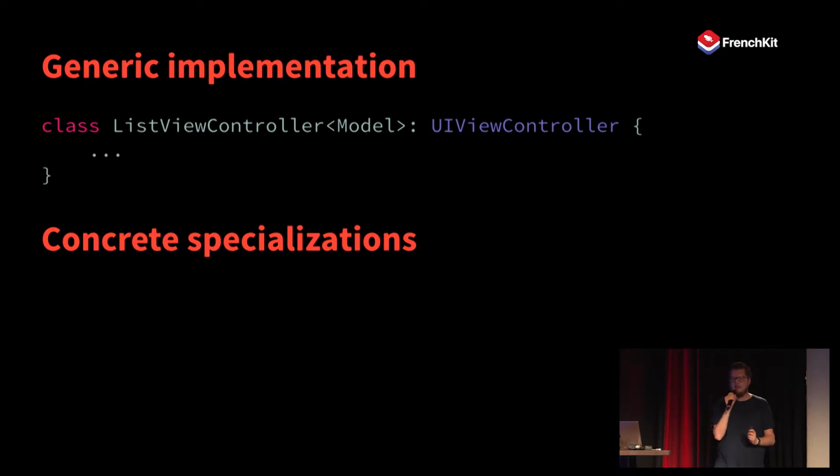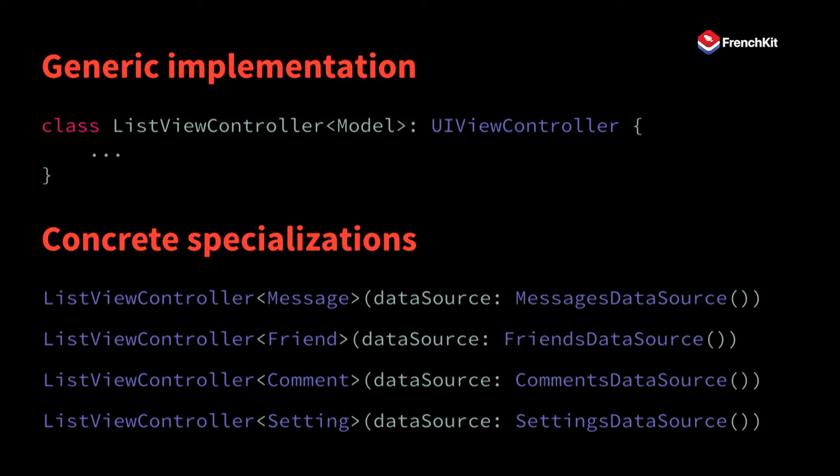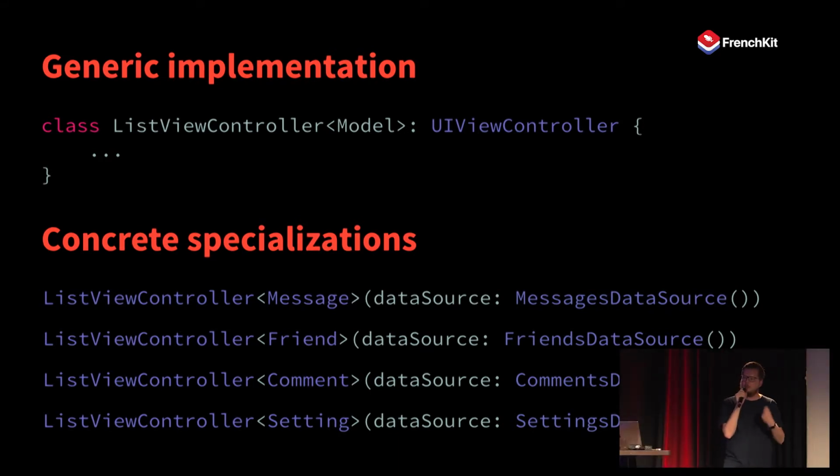So what that means is that if you compare it to a base class, where you would need to put all of the functionality to handle all of the cases in the same class, which will probably be a massive view controller, let's face it, we can instead specialize those as we need to. So in this case here, we can specialize it for messages, for comments, for settings, with custom data sources if that's what we need. And that way we have great flexibility, but we can still reuse a lot of the same code.